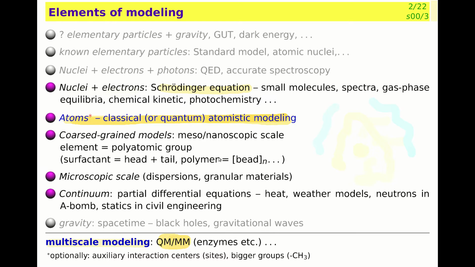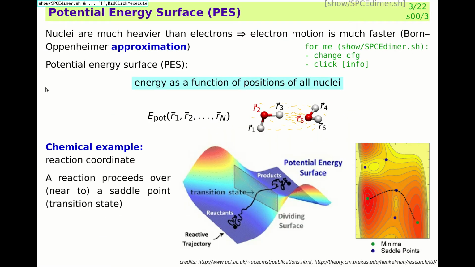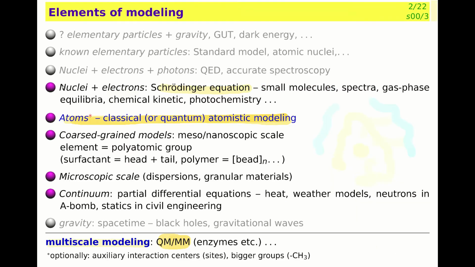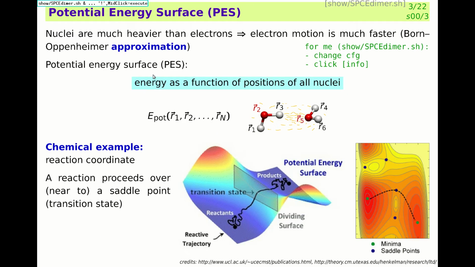Of course, we can have more levels here. An important concept in modeling is the potential energy surface. Here we start with the level of nuclei plus electrons, but we realize that electrons are much faster, much lighter, about at least 1,000 times lighter for hydrogen or 10,000 times lighter if we take heavier atoms.